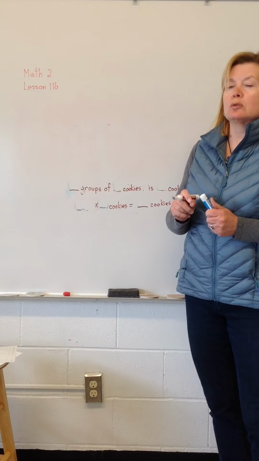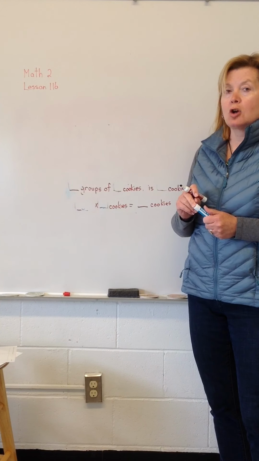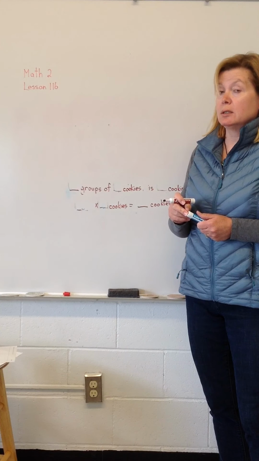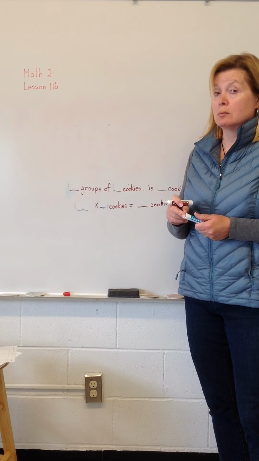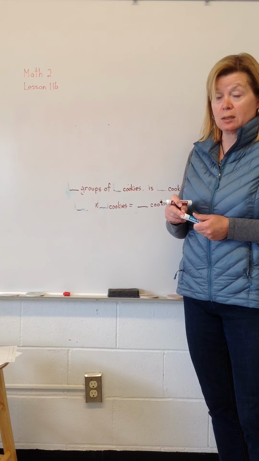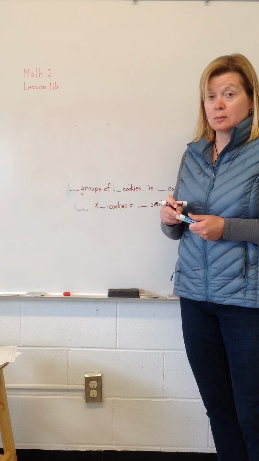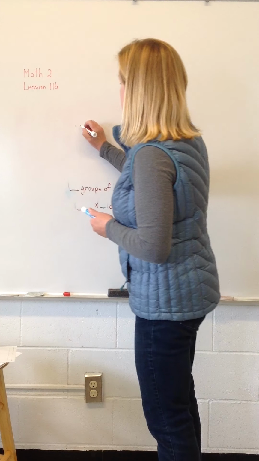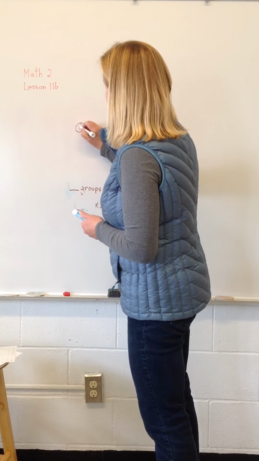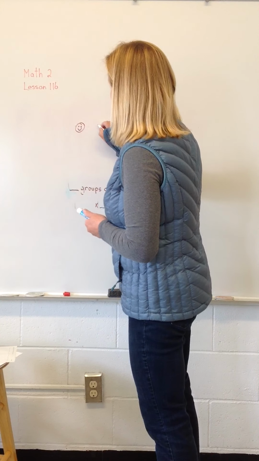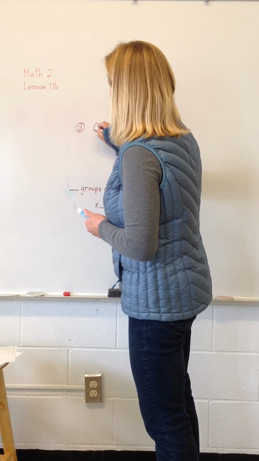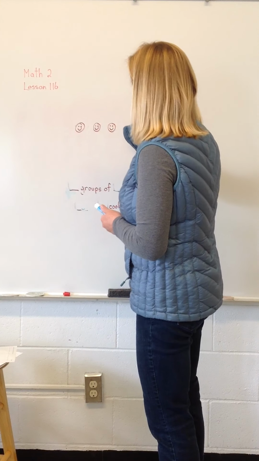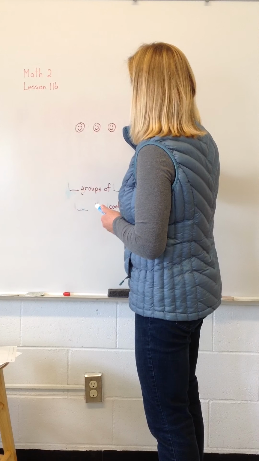So this is our story problem. There are 4 children. Each child is going to have 2 cookies. So how many cookies would we need? So let's draw happy faces for each child. Here's Ava, and Luke, and Tegan, and we'll say this is Mrs. Harms.